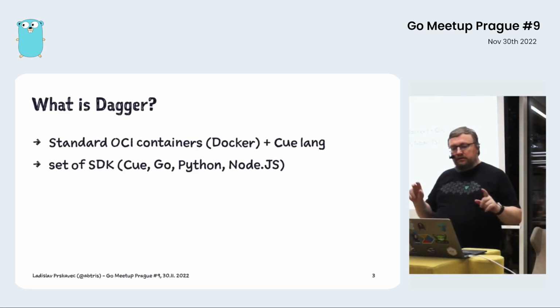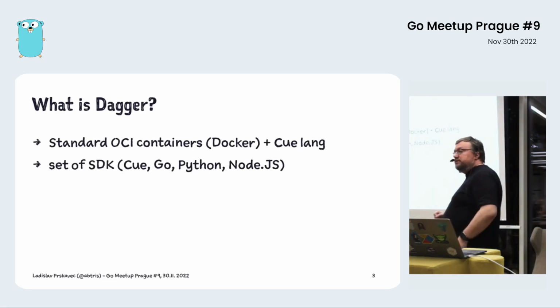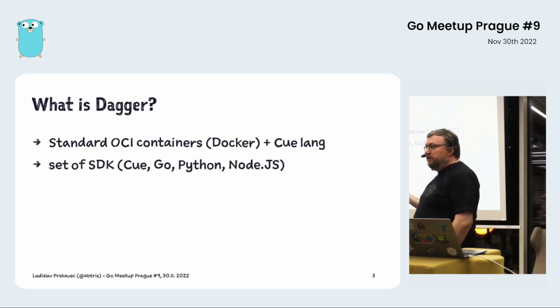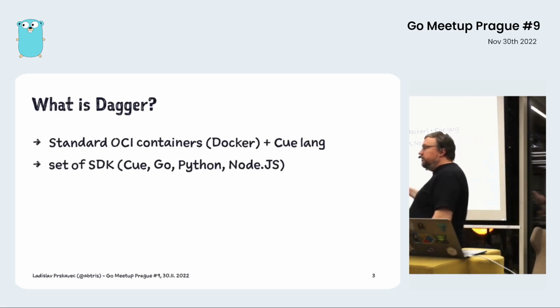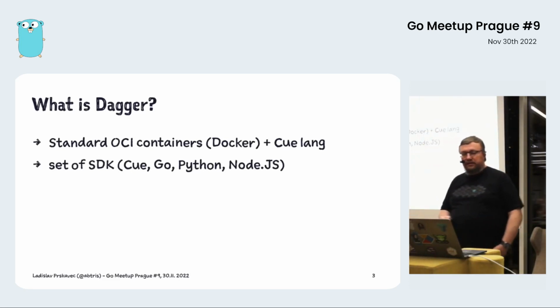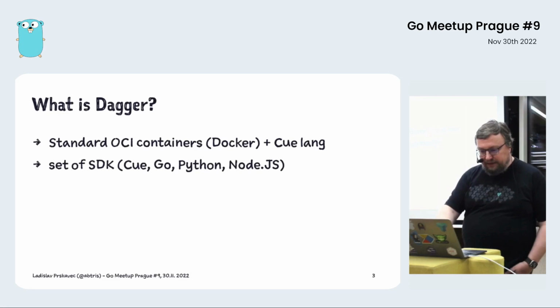And this year, usually in autumn, I think 2 months ago, they introduced SDKs. First was Go, later Python, and I think Node.js was last week. So they already have 3 different languages supported. We will speak about the Go SDK.